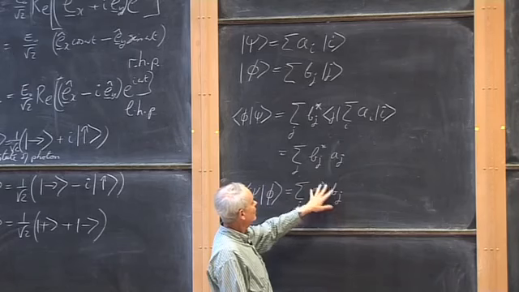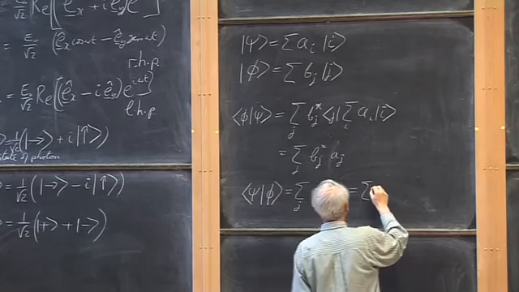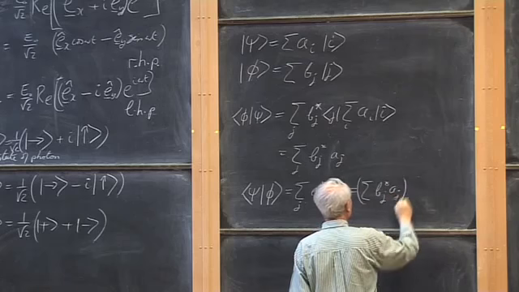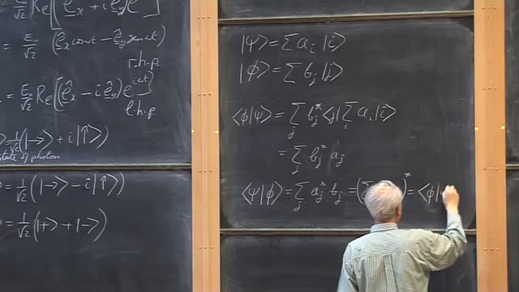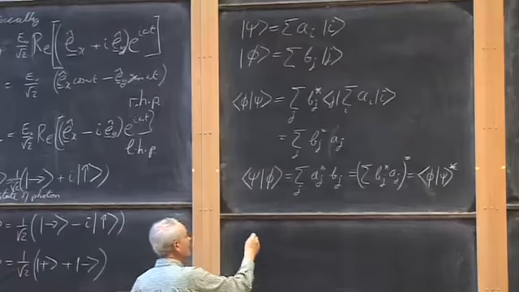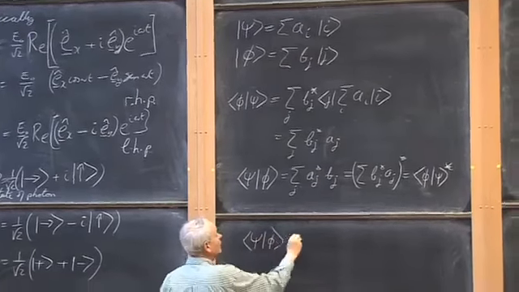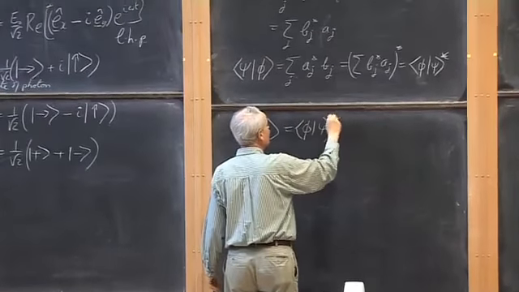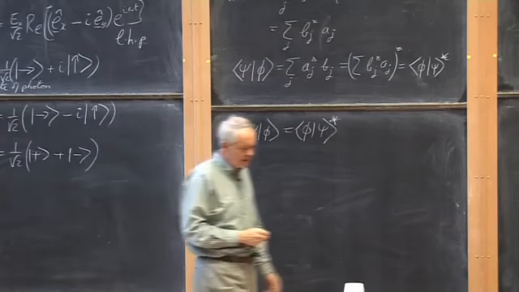So this is the sum of Bj star Aj, all star, which is <phi|psi> star. So this is an important equation to remember, that <psi|phi> is equal to <phi|psi> complex conjugated. We'll need that many times.